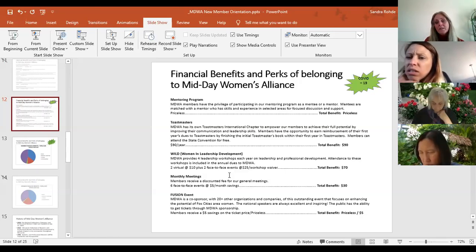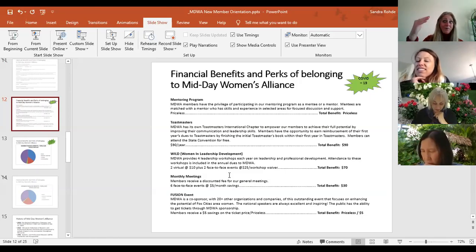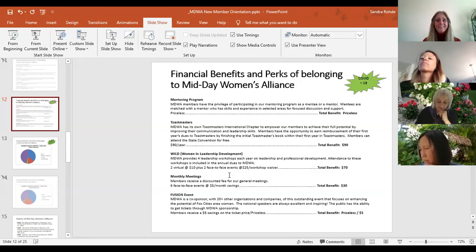So Fusion is a once-a-year event that's been held at the PAC recently, and they bring in amazing speakers, like women that climb Mount Everest and talk about what it takes to do that, because you go up, you go back, you go up, you go back, and then you go up a little further and you go back. So that kind of persistence, resilience, and all of it.